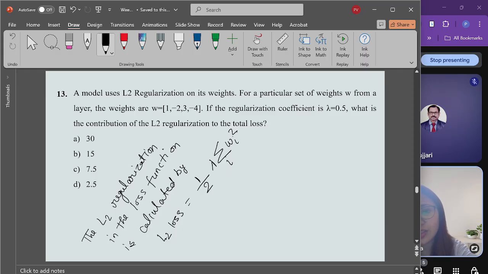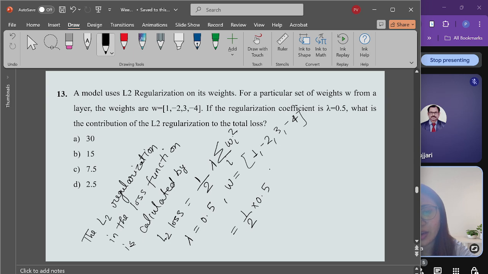Lambda is also given, lambda is equal to 0.5, and w, the weight vector, is 1, minus 2, 3 and minus 4. So we just need to put these into the formula.